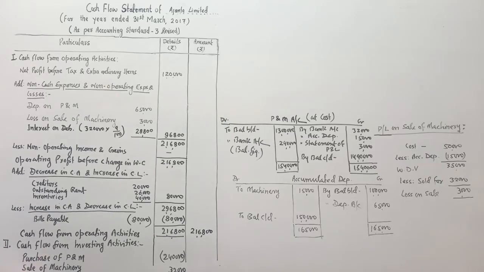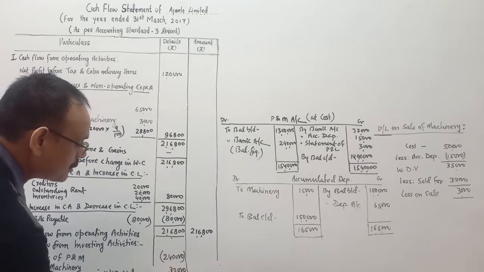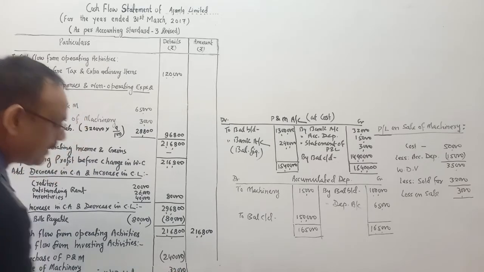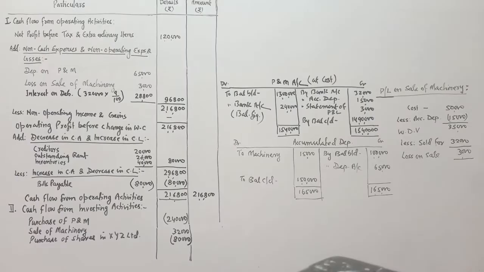So the purchase of shares in XYZ Limited is 80,000. This is also an outflow. When we purchase the shares of another company, it is a cash outflow, so we show it in brackets.